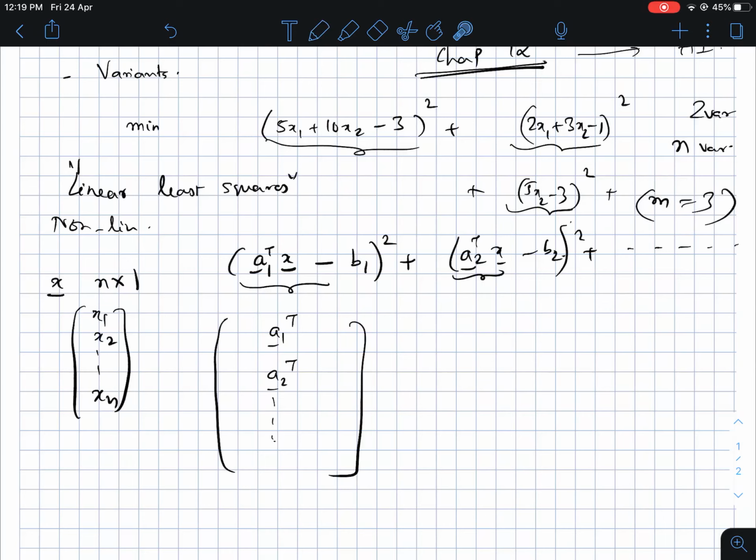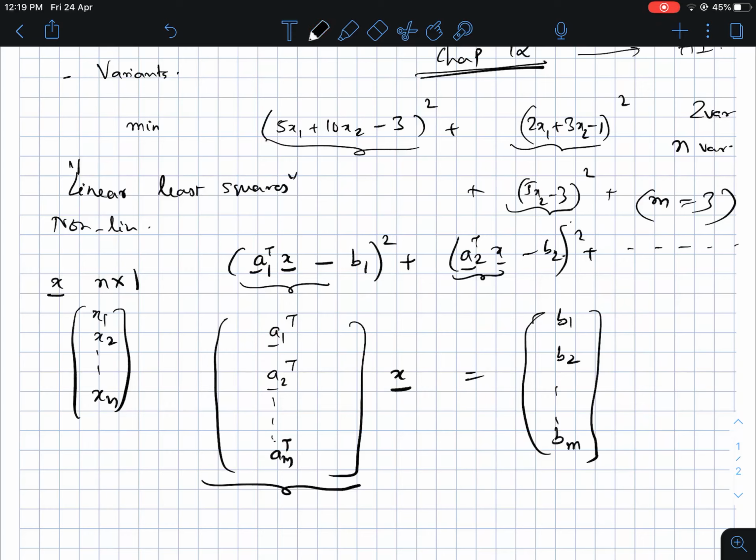In general you'll have up to am transpose x, equal to b1 through bm, and we write this whole thing in matrix form. Let's call this whole thing a matrix. It is a matrix because each a1 transpose is a row vector of size n, and there are m of them.